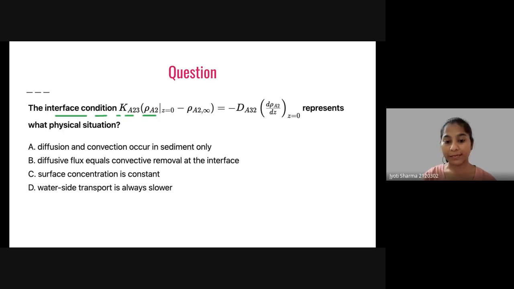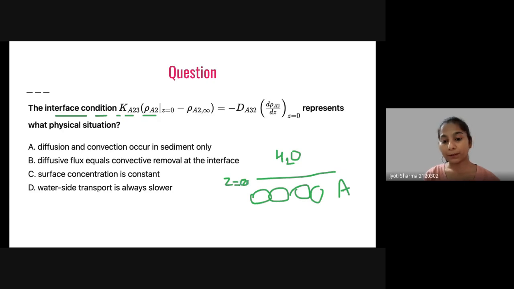So again, I'm drawing the same thing. This is the interface, and here we have sediments, and on the sediments and even in the pore side, we have A, the contaminant, and this is your water. Here z is equal to 0. This A has to be transferred through this interface and reach the water, where we do not have the sediment.